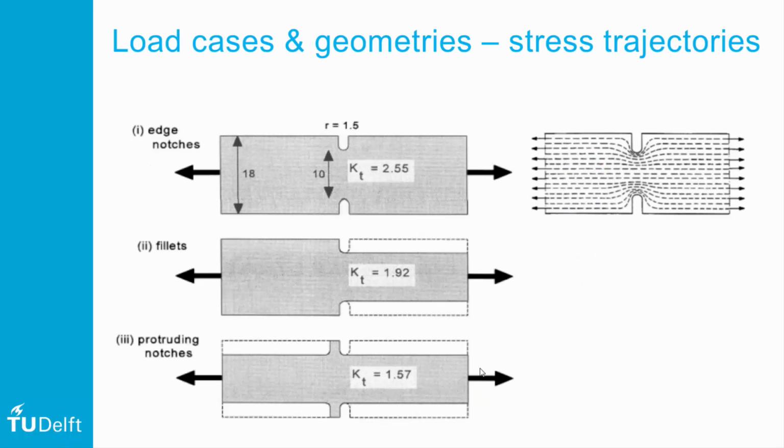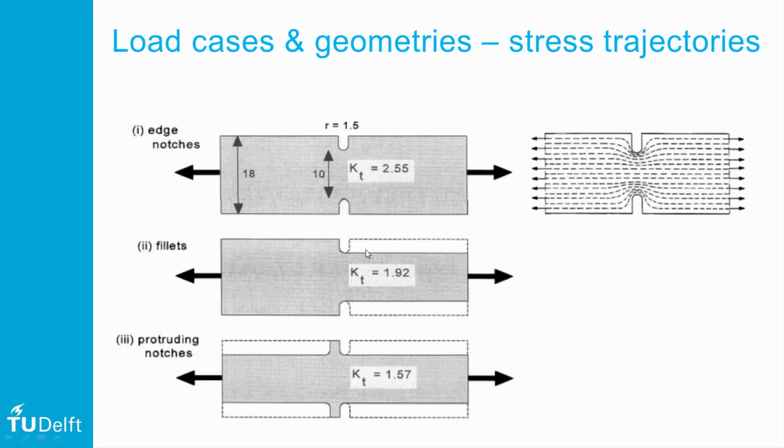Another example is this flat plate with two notches on both sides. In the notch root the stress concentration factor is 2.55, and we can illustrate with the stress trajectories that indeed at the notch root on both sides a stress concentration is present. Now if we remove a piece of material and redraw the stress trajectories, we would identify that the density of stresses near the notch root is reducing.